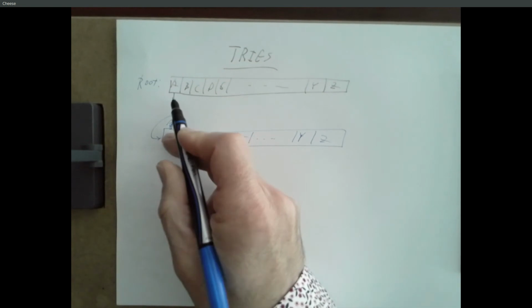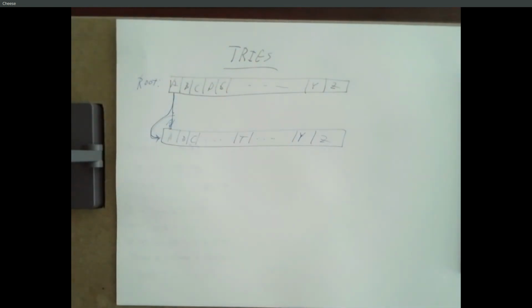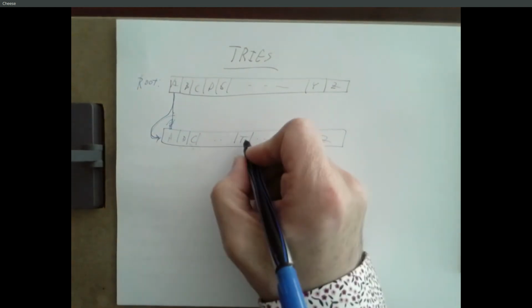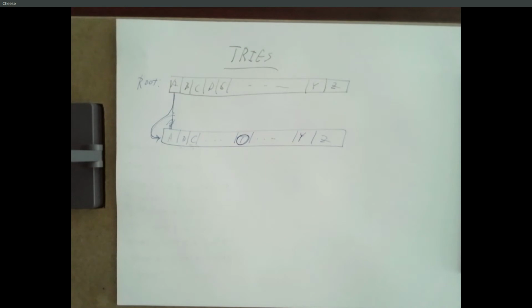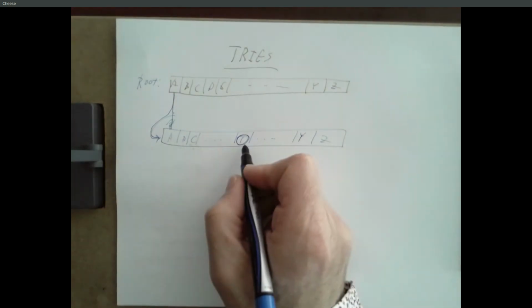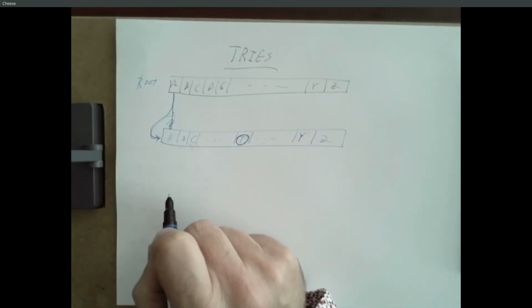The node corresponding to A in our root points to another node. And the node corresponding to T in that node, I'm just going to circle it. And by circling it, I'm saying there's a word that ends right here. So the word AT is stored in this structure.